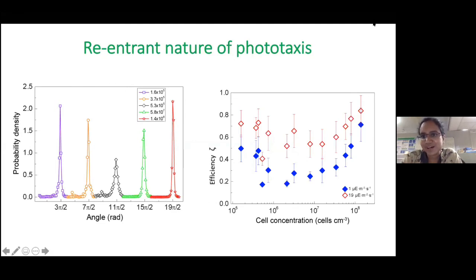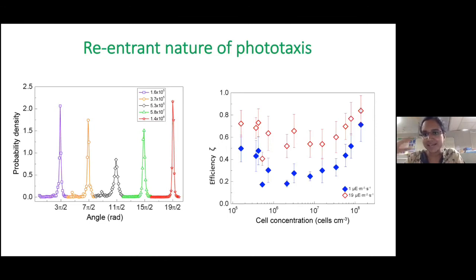Yeah. So we don't have a very convincing experimental proof as to why it should decrease, but it could possibly be self-shading. Initially, when you go from a very low concentration, which corresponds to few cells per field of view, to something slightly more, the cells can shade light from one another, meaning the capture efficiency of other cells goes down due to the presence of their neighbors.